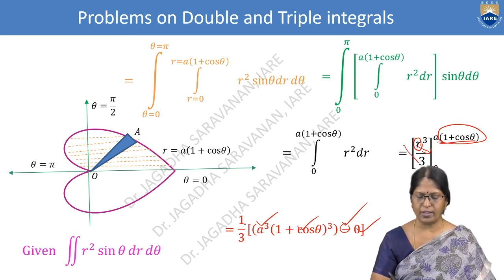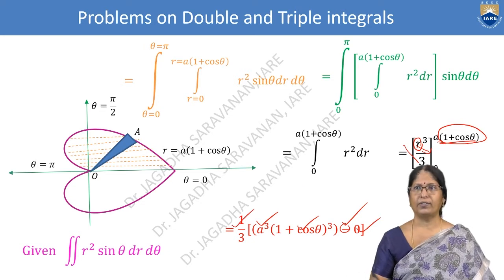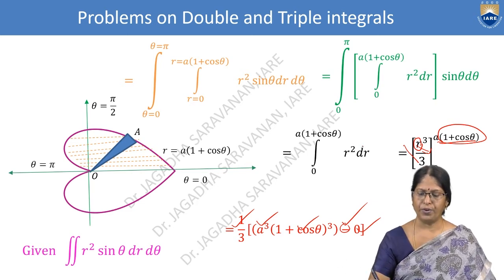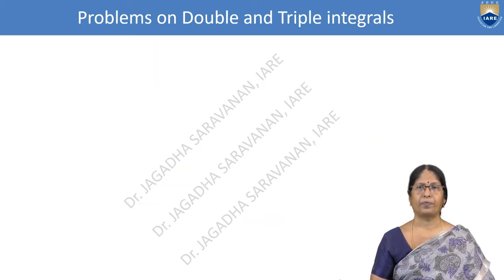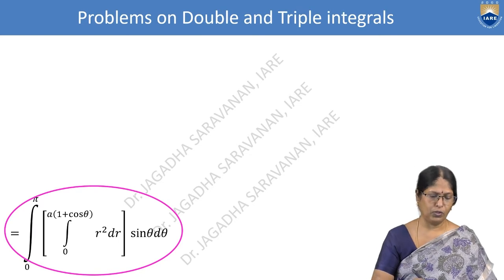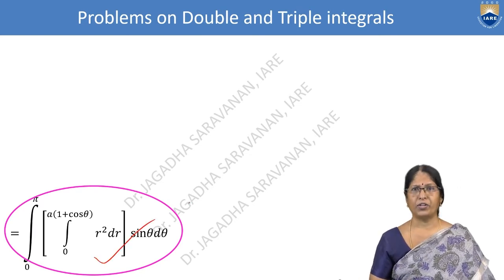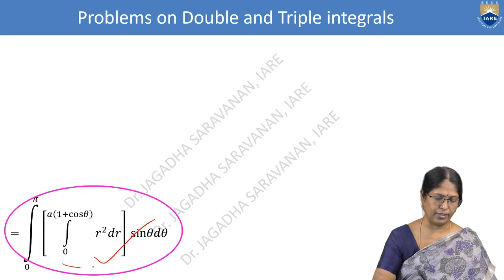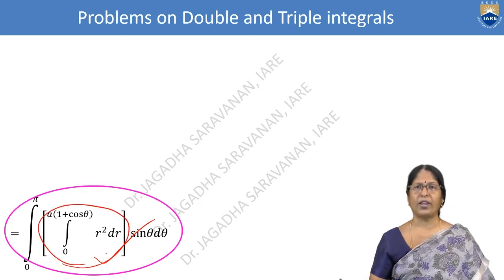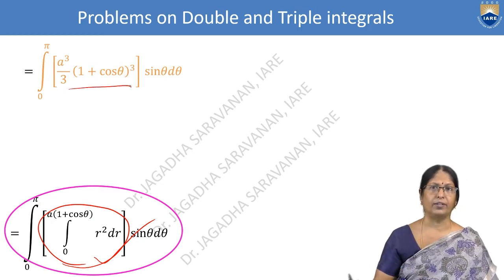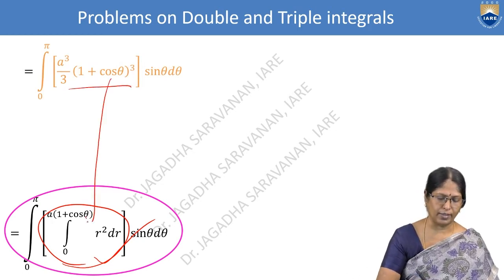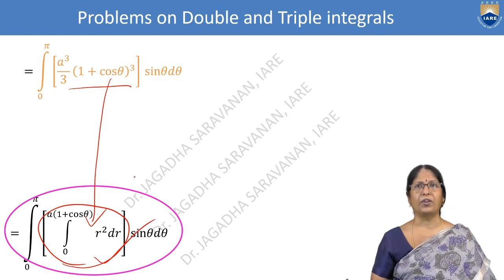This 1 by 3 is kept as it is because it is nowhere connected to the limit substitution, since we are doing integration with respect to r. So this is the integration we are concentrating on. We took the middle one separately, did the integration, and got this result, so this innermost integration is replaced.